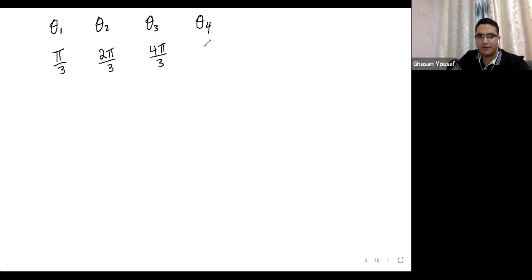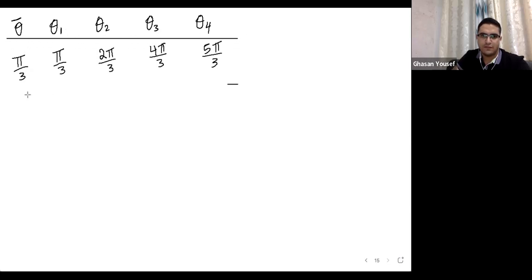And here we have 5 pi over 3. All of these angles have the same reference angle. The reference angle of all of them is pi over 3. This is very important. You have to memorize it. Is it clear what I said here?